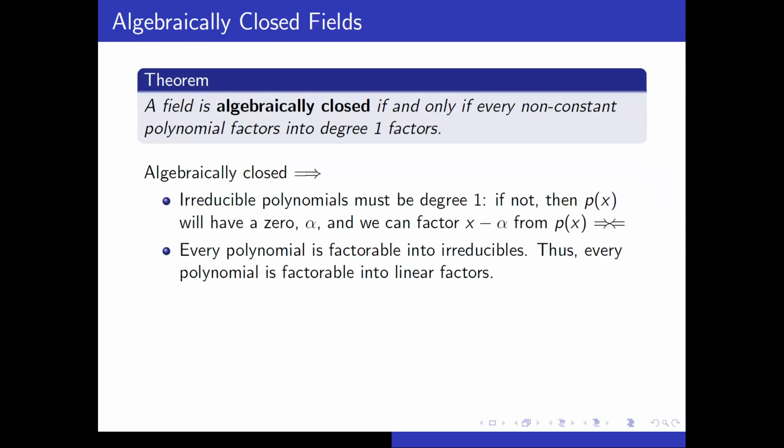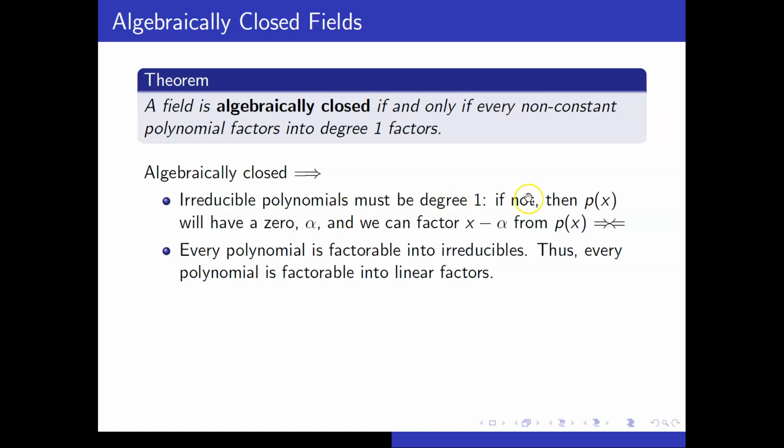On the other hand, something is algebraically closed if and only if every non-constant polynomial factors into degree 1 factors. This is sometimes referred to as splitting. It takes a polynomial and you can break it down and everything is nice in degree 1. To see this is reasonably straightforward. If it's algebraically closed, then the only irreducible polynomials have degree 1.